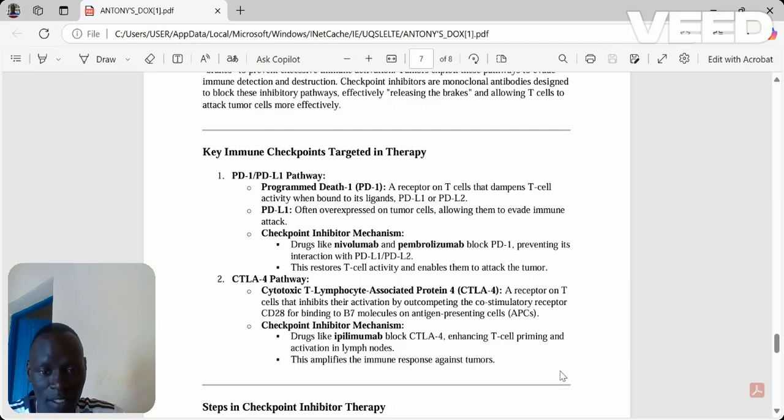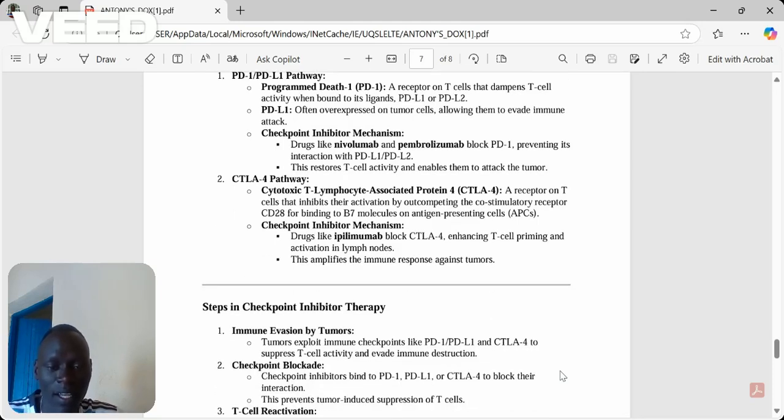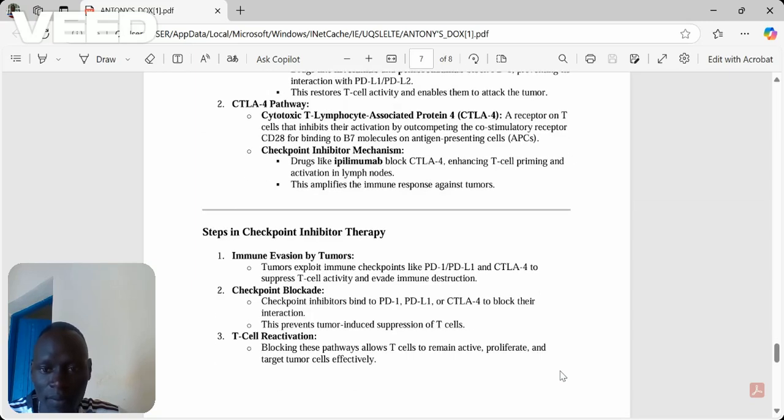Drugs like ipilimumab block CTLA-4, enhancing T cell priming and activation in lymph nodes. This amplifies the immune response against tumors.